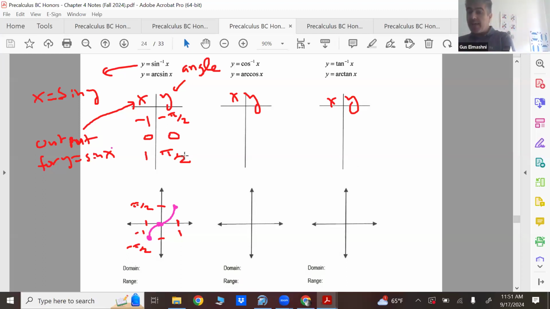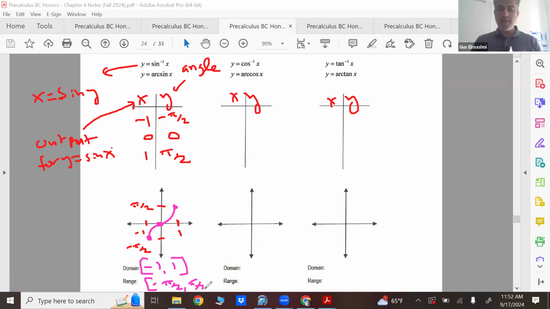That becomes now the range for the inverse. Everything switches. So now my domain is from negative 1 to 1. My apologies. And my range is from negative pi over 2 to pi over 2. It all switches from sine.